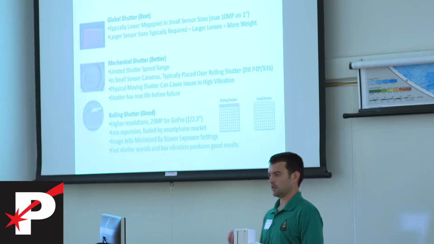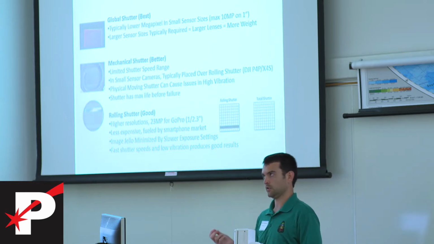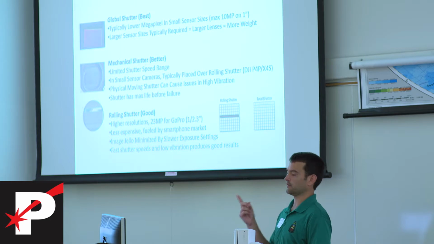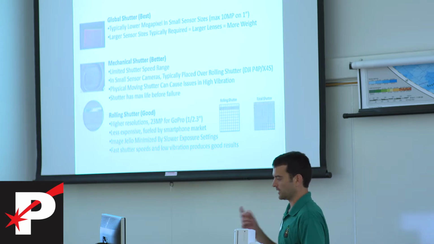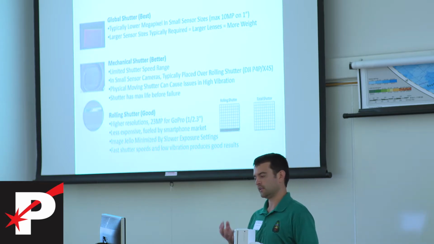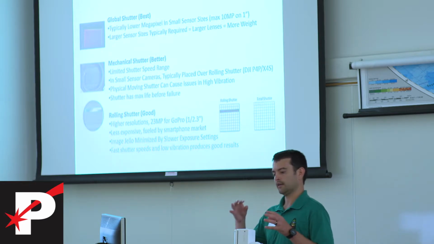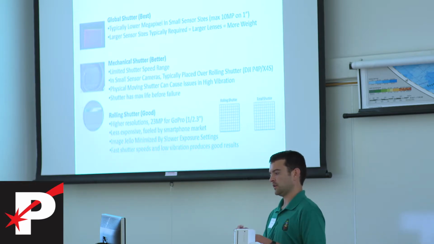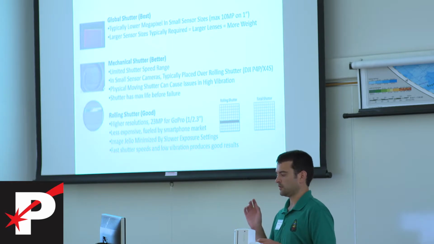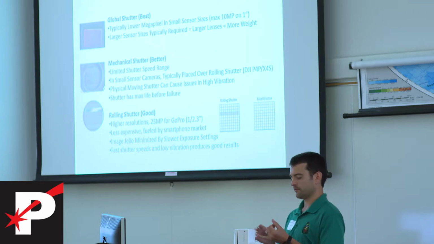That's the same size as a GoPro sensor, which I think the newest iPhone has the same size sensor, but again, it's lower resolution. So it's the cell phone market and markets like the CCTV industry that have fueled rolling shutter, because for the majority of them, you can mitigate the issues of rolling shutter if you're not vibrating, which if you're on a cell phone is really not an issue unless you're moving all over.